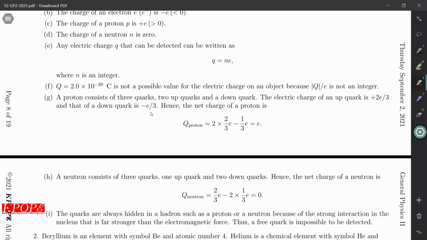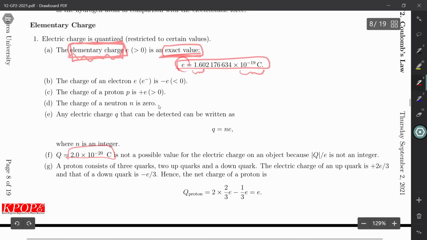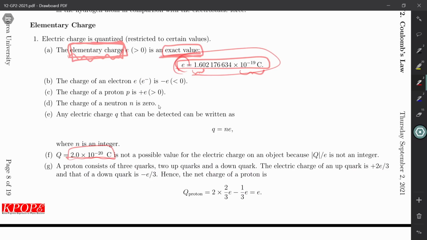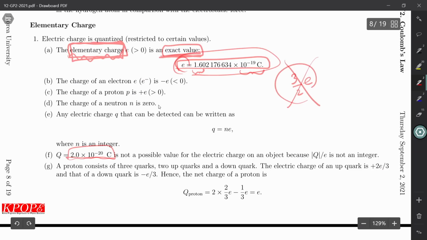So, for example, this tiny number is smaller than the elementary charge. Therefore, it is impossible to have a particle with a charge less than the elementary charge. For example, this one, impossible.